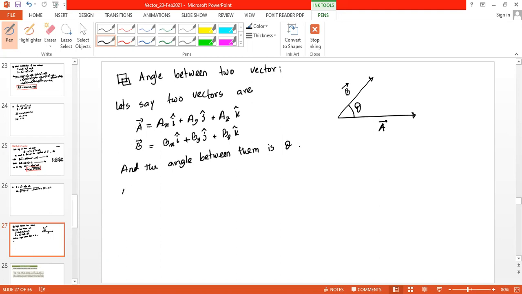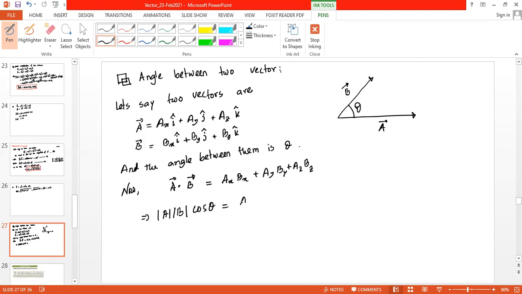So what I have to do, I have to take the scalar product of them, A dot B. A dot B equal to what? I know A dot B means AX BX plus AY BY plus AZ BZ, right? This is the scalar product, and A dot B, by definition, means magnitude of A times magnitude of B times cosine of theta, right?